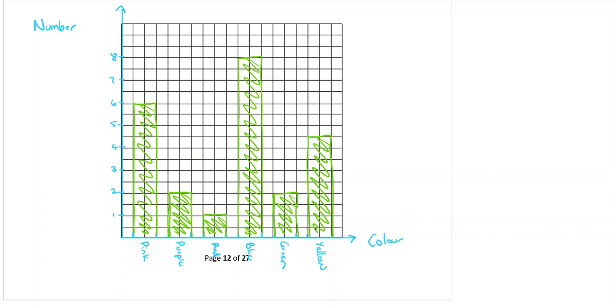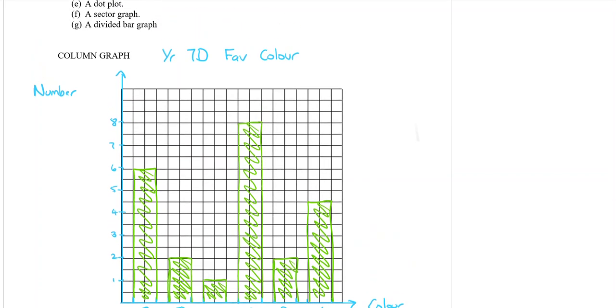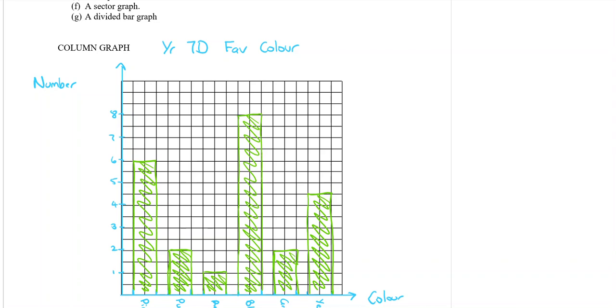Okay, so nicely ruled, nice neat columns. Make sure everything is labelled. So I've got numbers labelled there, colours and the heading, and I have a title for my graph.